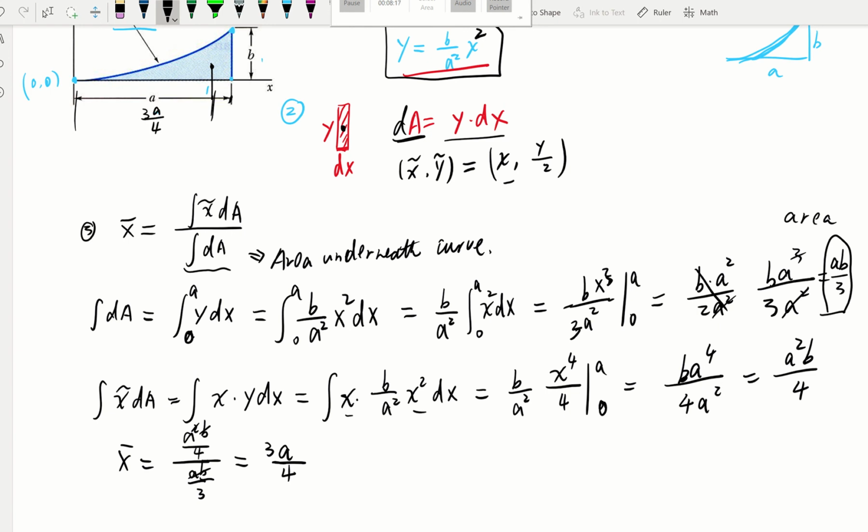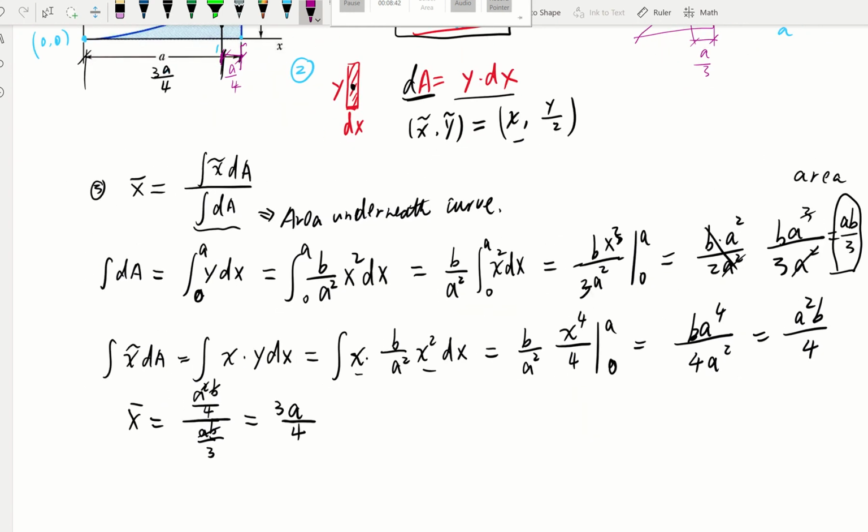Okay, so this is 3a over 4, and then I'm going to emphasize this length here to the fatter end is going to be a over 4. And remember, for the rectangle, the centroid distance is a over 3, and here is a over 4.